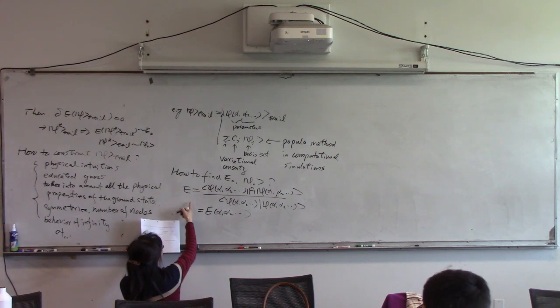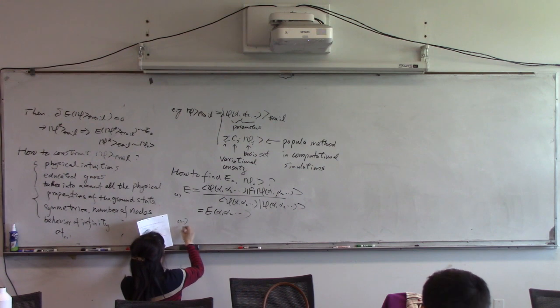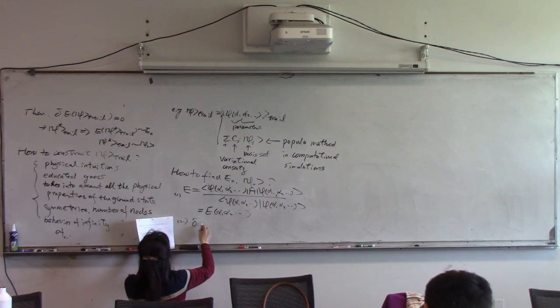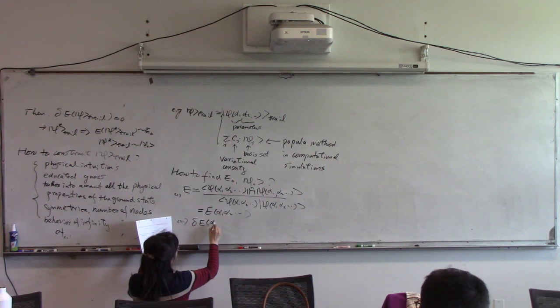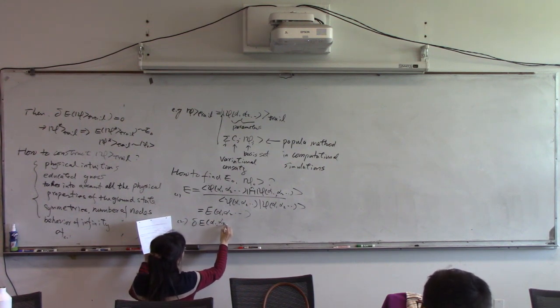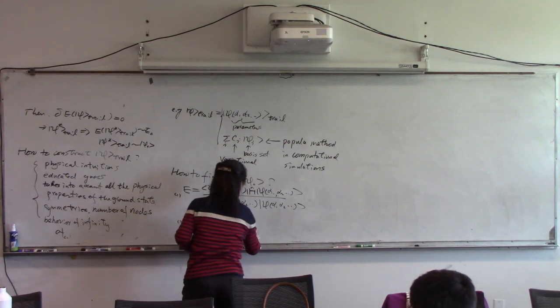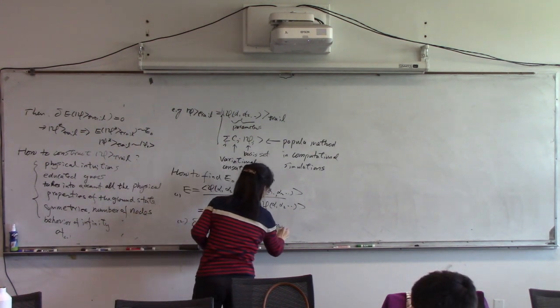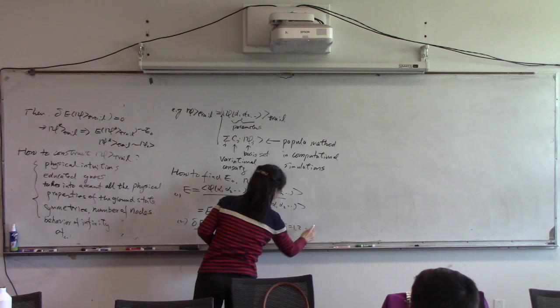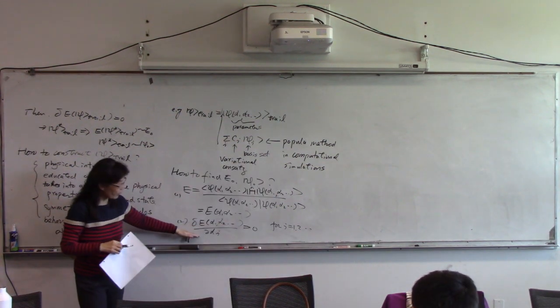So finally, E is equal to a function of alpha 1, alpha 2. Then after this, the first step is done. The second step, we are going to optimize, applying the variational principle. So now I'm going to optimize the energy with respect to the parameters: the derivative with respect to alpha i equal to 0 for i from 1 to n. So you have a series of equations.